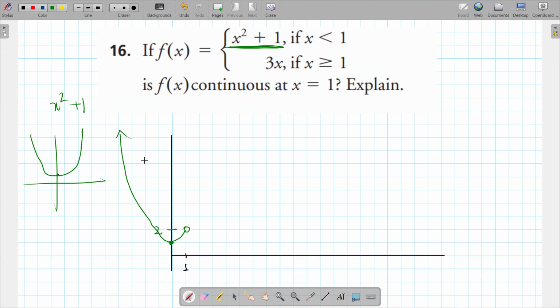That's the first part. When the x value is 1, what's the y value for the second equation? It's 3. Open circle or closed circle? Closed, right? So 3 is right here. Let's close this circle.